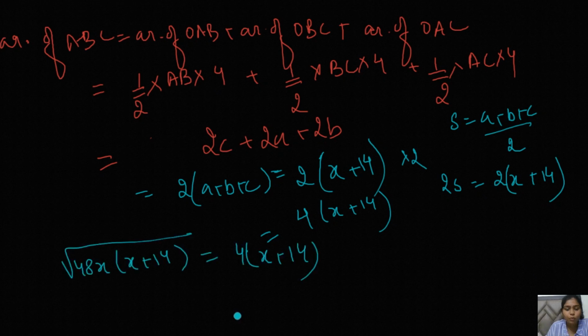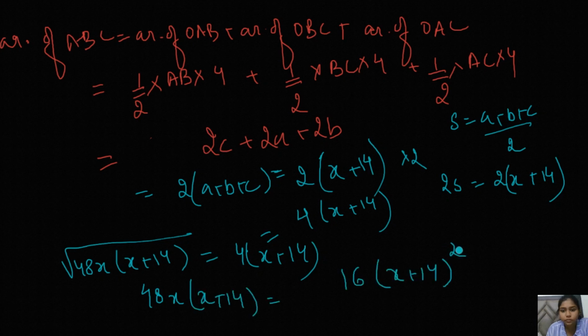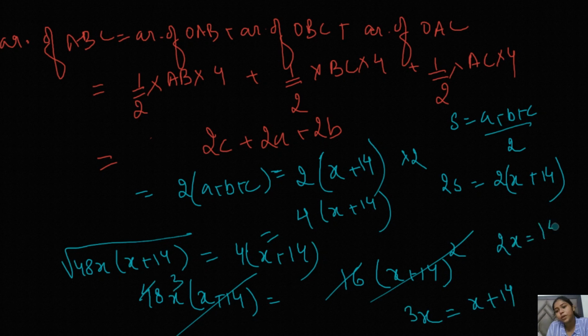Remove the square root, it will get squared, and you will get 16 into x plus 14 whole square. This will be cancelled out by this, and you will get 3x equals x plus 14. Am I right? After solving this, we get 2x equals 14 and x equals 7 centimeters.